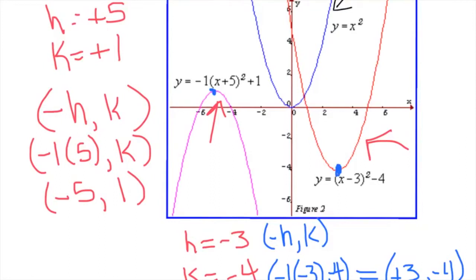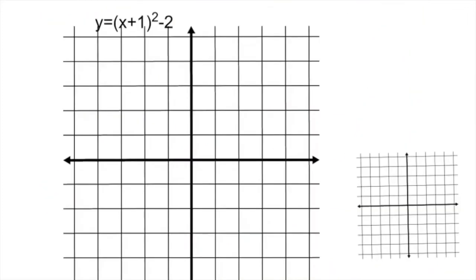Now, we've found our vertexes from equations, but what about the opposite way? What if we're given an equation and we need to graph it? Well, vertex form gives us a great way to figure out where to start. Let's say we're given this equation here at the top. That is x plus 1 squared minus 2.